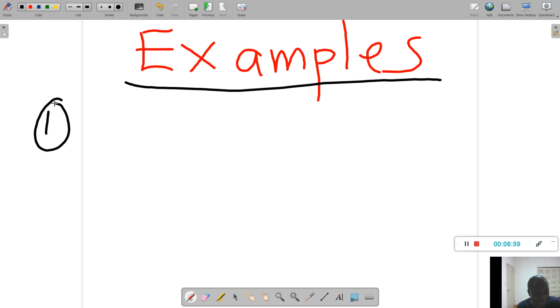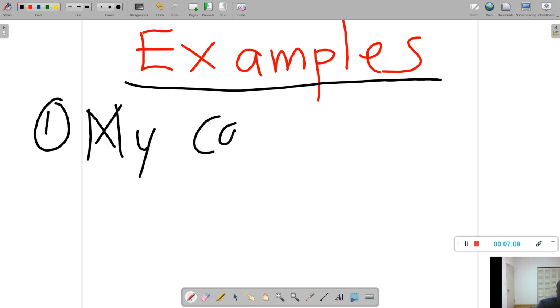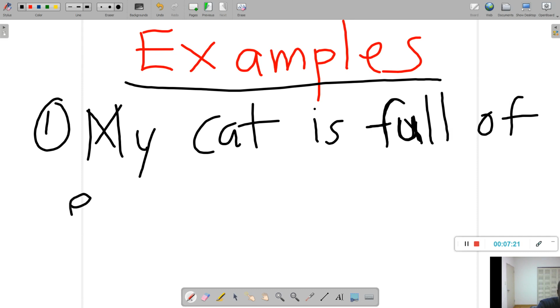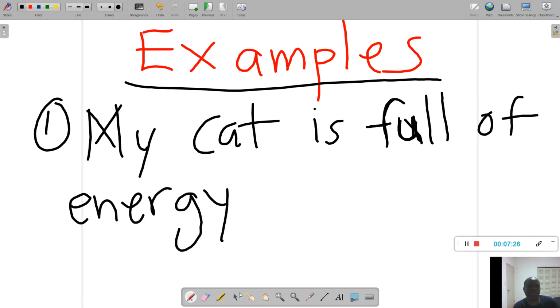I'm going to give the same sentence that we used before: My cat is full of energy. Sorry for my handwriting. I was running behind time.